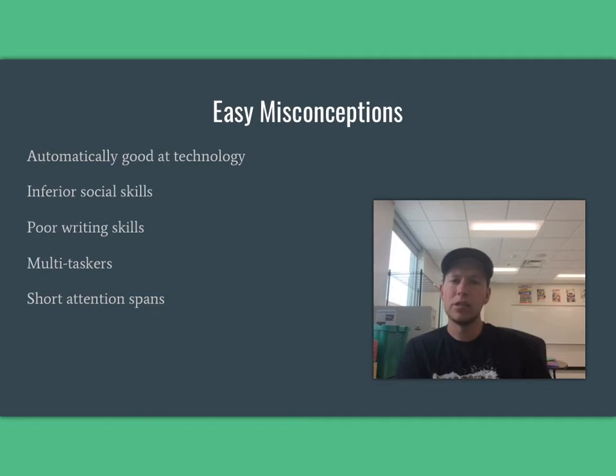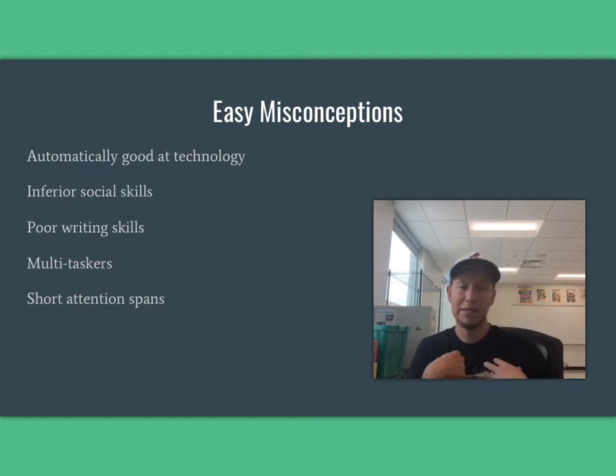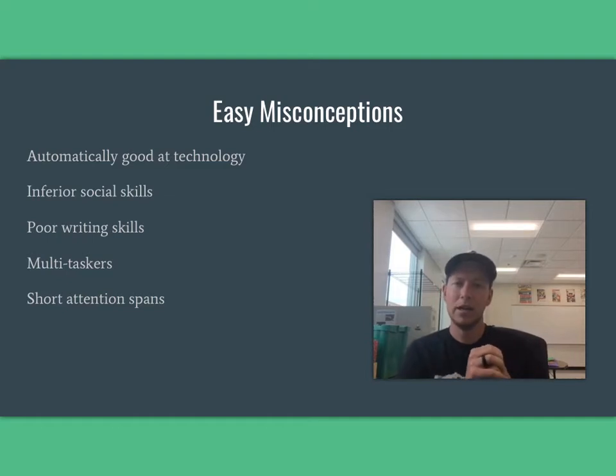And the second to last one there, multitaskers. Now we think that students are bad at multitasking, and to some extent that is true, and I myself am guilty of being a poor multitasker. I was reading, and one of the terms that I thought was interesting that described the new way of multitasking is technotasking.